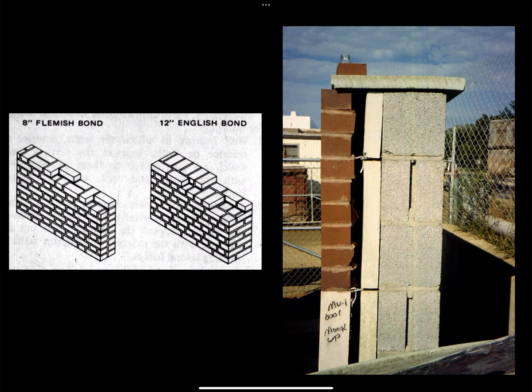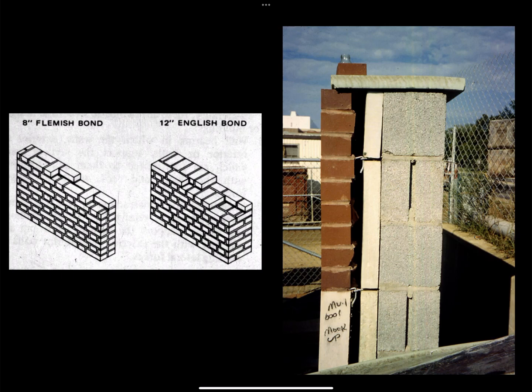Let's look at an example of masonry rain screen. So if we return to our thinking or conversation about the evolution of masonry construction, we remember that the cavity wall on the right represented a huge improvement over solid brick walls because it was better at keeping the water out.